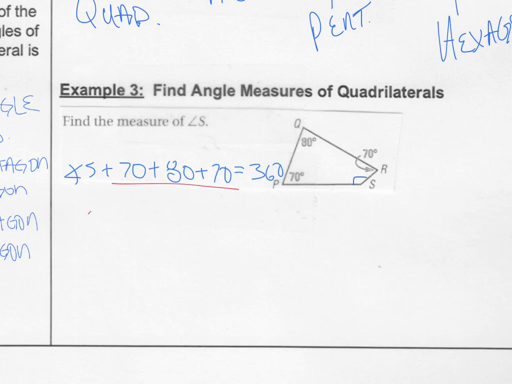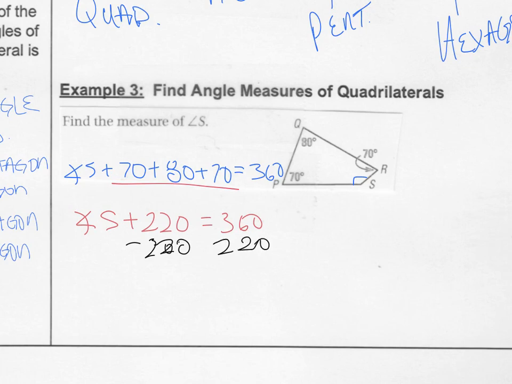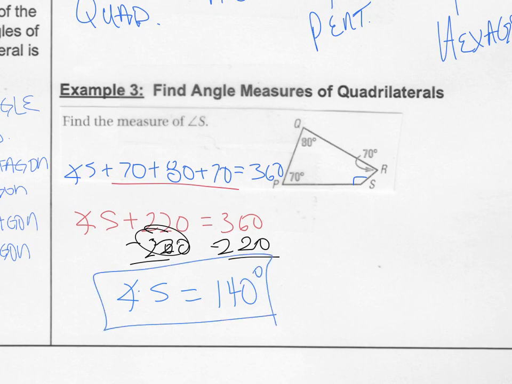We're going to have angle S plus 220 equals 360. Then we subtract 220. That zeroes out. So the measure of angle S is going to equal 140 degrees.